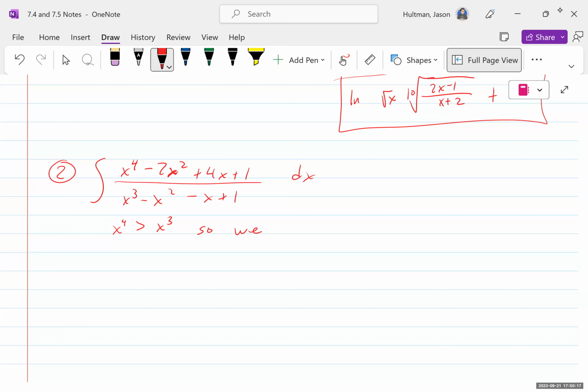Long division. Very good, Con. We must divide using long division, or it's actually called polynomial division.